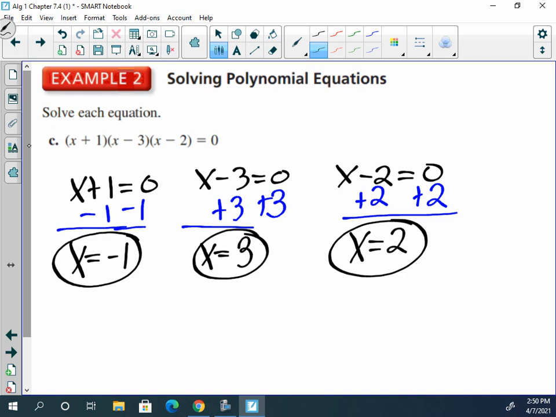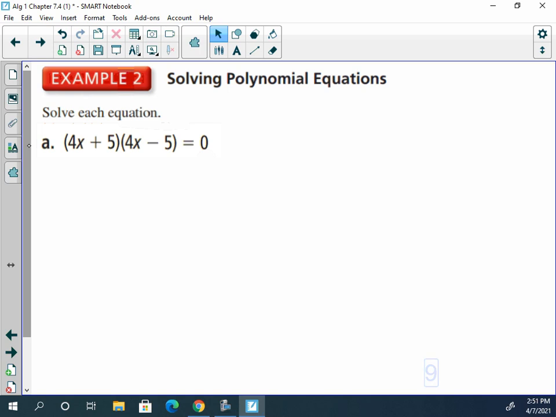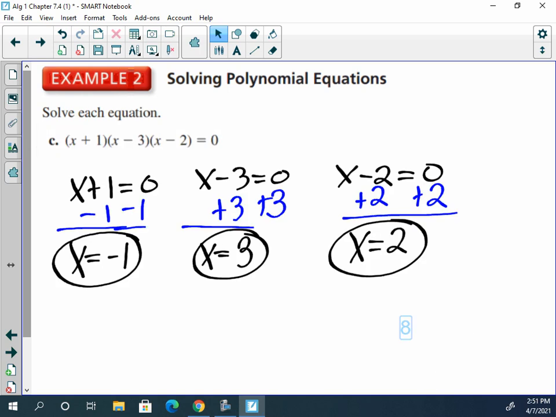Any questions on any of this? When we solve each equation, we don't have to check. We can, but the only way I would make you check them is if it says in the instructions, check your answers. If it doesn't say to check your answers, you don't need to.